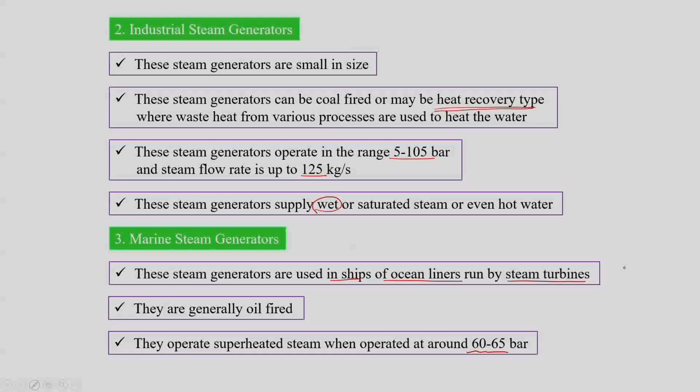So, we have seen that based on application we have the utility steam generator, which is big in size, then the industrial steam generator, where steam is basically used as a heat source, and the marine steam generator, for marine applications.